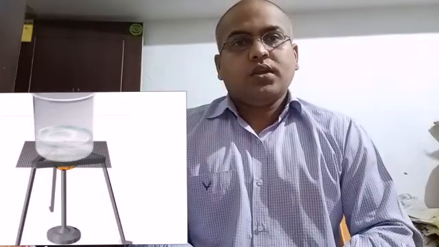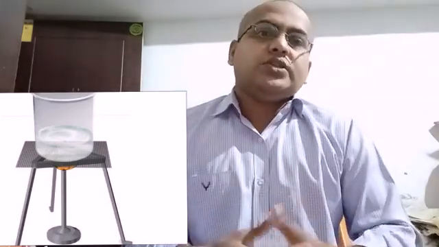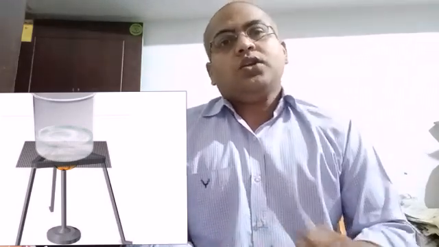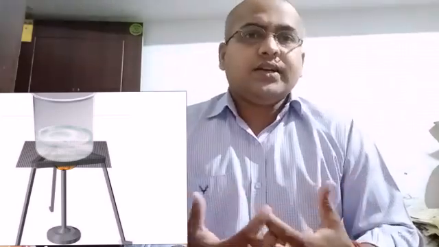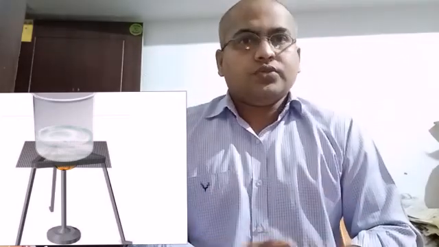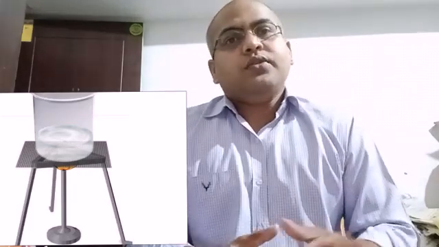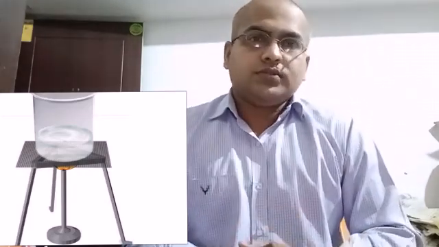Now after getting this saturated solution of salt, put that beaker on the Bunsen burner and light it, that is, heat the solution of salt, and now try to add some more salt to the solution.